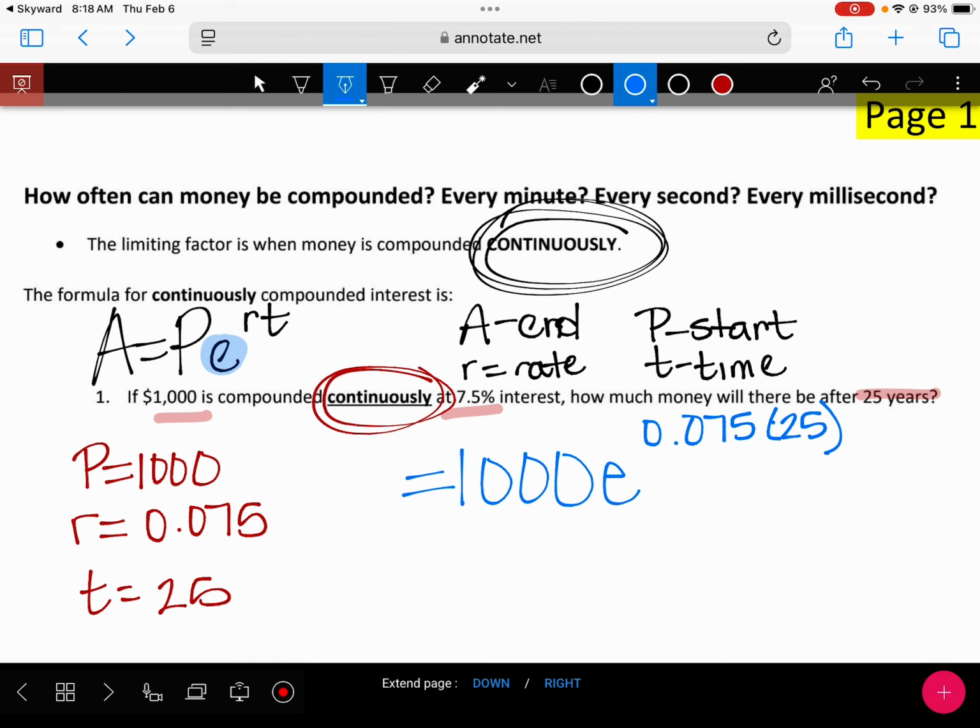And then remember, to get to the E, we have to hit the green button and then LN. LN is right under the green key, the green key that says second function. So that's how we get the E. So keep it in your calculator, because I'm going to come around and look at your calculator to make sure you're all getting the right answer.